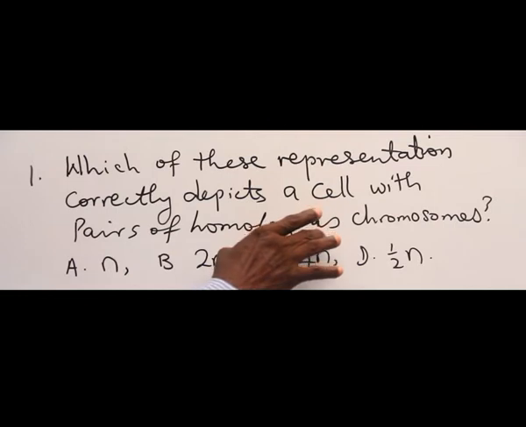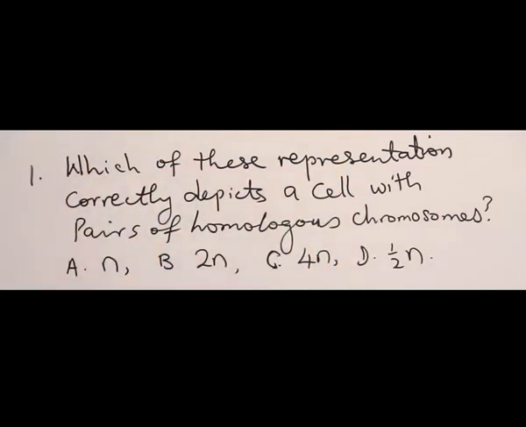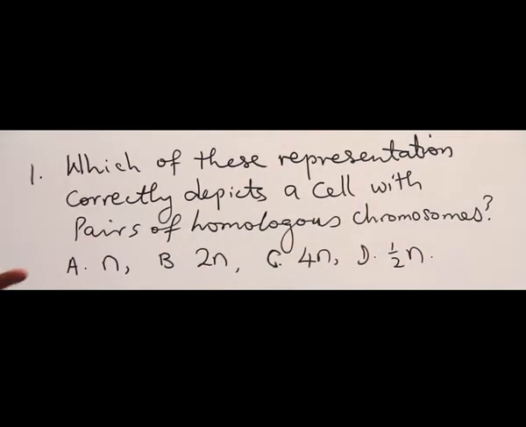So it has the pairs of chromosomes intact in the nucleus. So how do we represent this biologically? We have A, N; B, 2N; C, 4N; and D, half N. Simply, because we are talking of pairs of homologous chromosomes, 2N is the answer. This is the mathematical representation of a pair of homologous chromosomes.